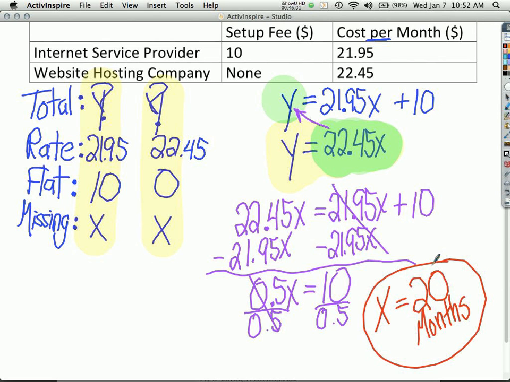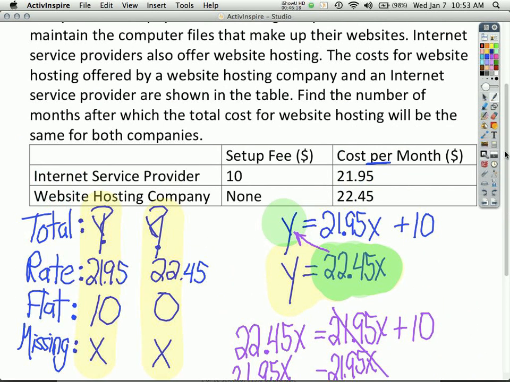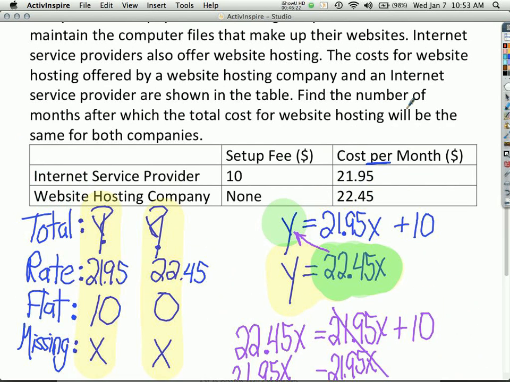Any comments or questions on how we went about this? So we organized our information, we formed a system, solved the system, and answered the question. Have to make sure you answer the actual question. Any concerns or problems, issues?